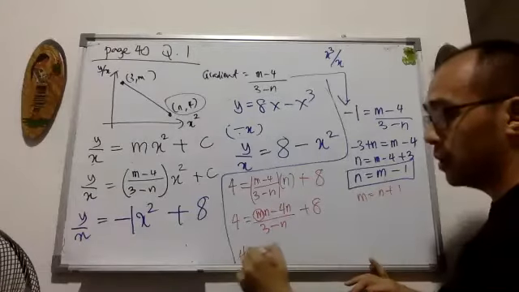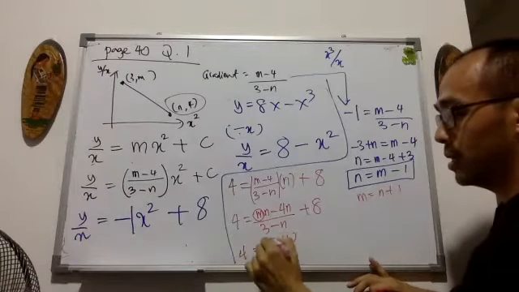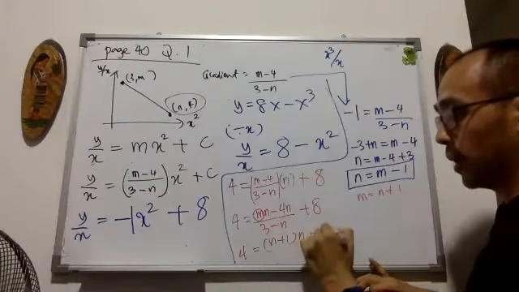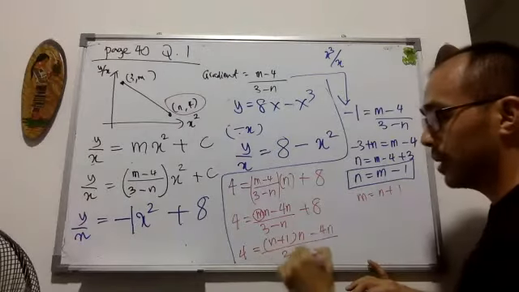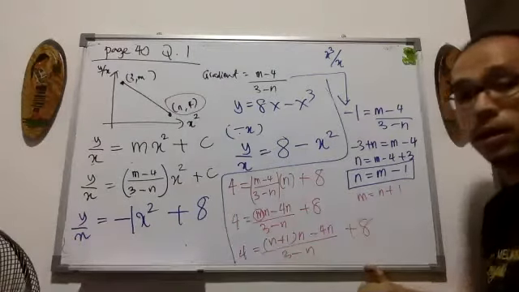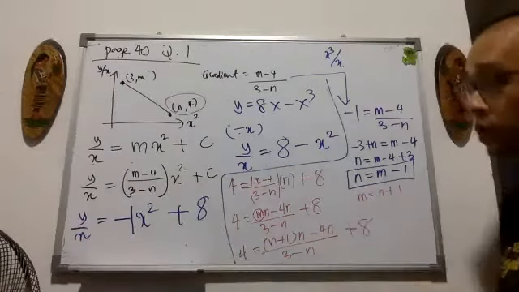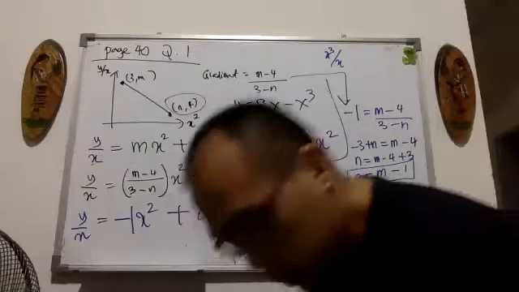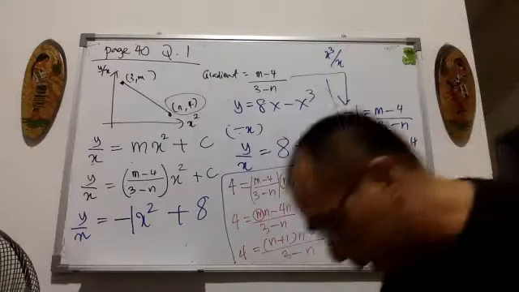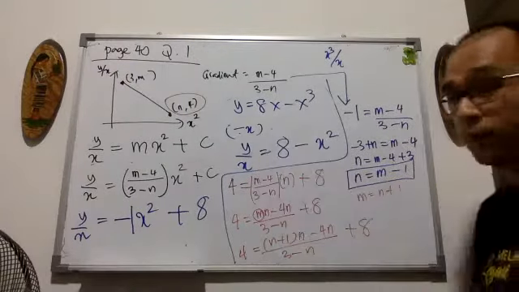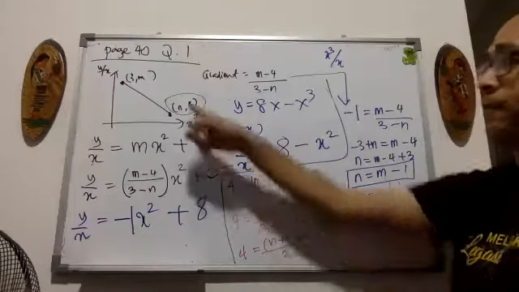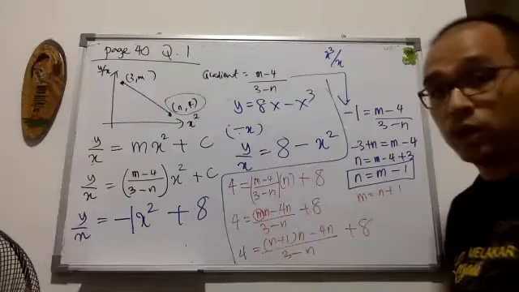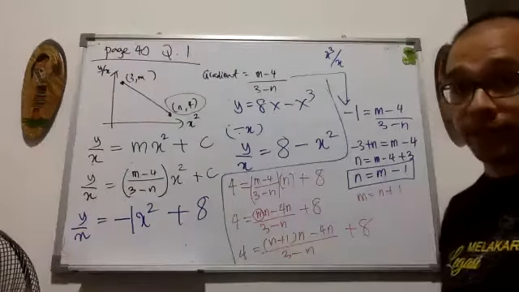So we get 4 equals n plus 1 times n minus 4n over 3 minus n plus 8. You continue on to solve this. If you continue on to solve this, then you should be able to get the answer n equals 4, which is just one answer only, because it's a positive value. You will probably get a positive and a negative value.